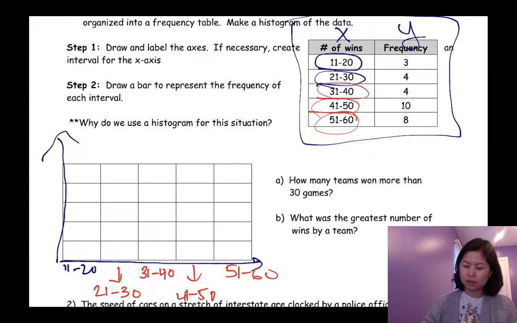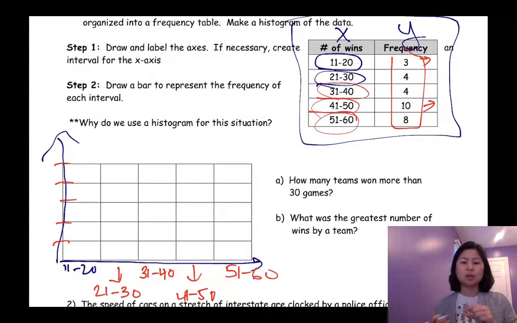This one, the lowest is 3 and the highest is 10. So the problem I'm noticing is that you guys use these values to make a tick mark. But that's not true. You cannot do that. You have to come up with a scale. The scale means if you start and you increase for every tick mark by 2, then you have to increase by 2 for all of them.